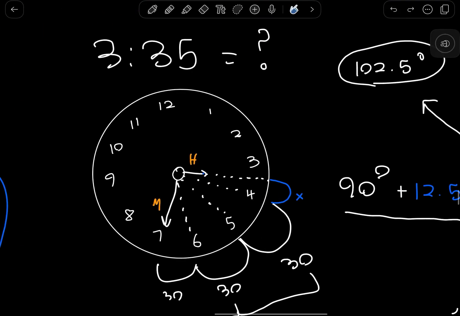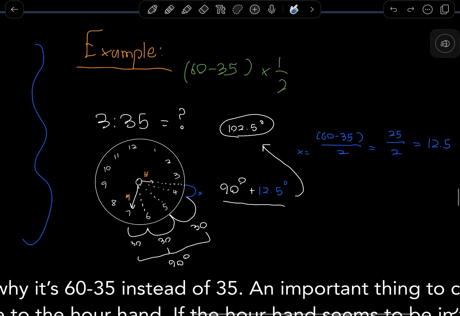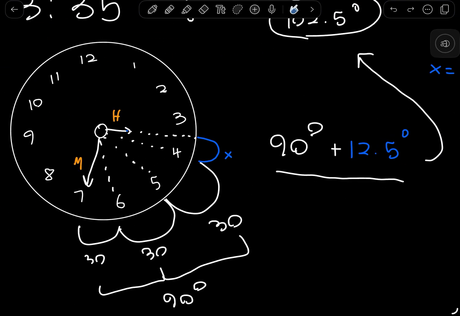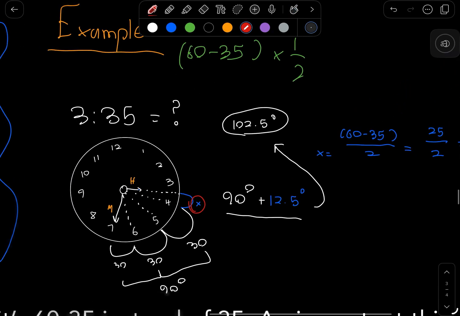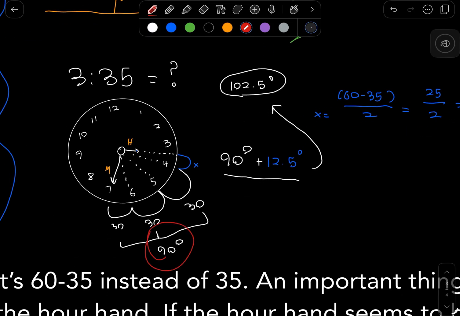So instead of just doing 35 times 1/2, you do 60 minus 35 times 1/2, and that gives you the leftover portion for x. If you figure x out, you get 12.5. You add that to the original 90, and your final answer is 102.5.